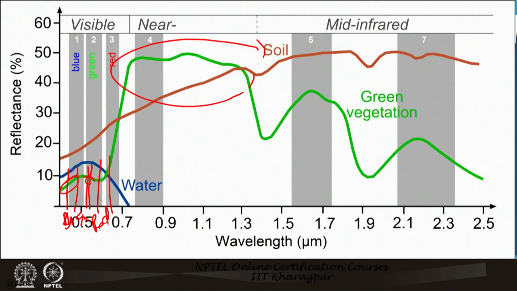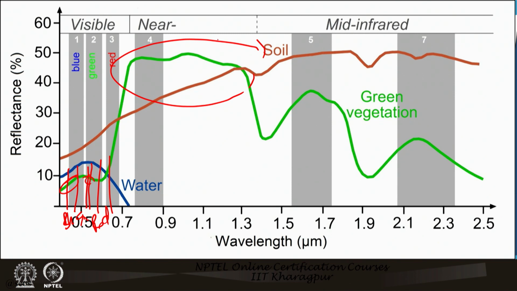Whereas a sensor which captures the reflectance could easily distinguish between two different plants or two different characteristics of a plant in the near infrared band.